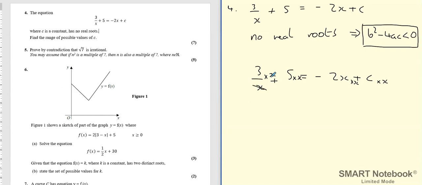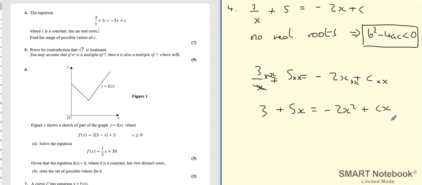So this crosses out with this to leave us with a 3. 5 times by x is 5x equals minus 2x times by x is minus 2x squared, and I'm going to get plus cx. Now this is looking more like a quadratic.